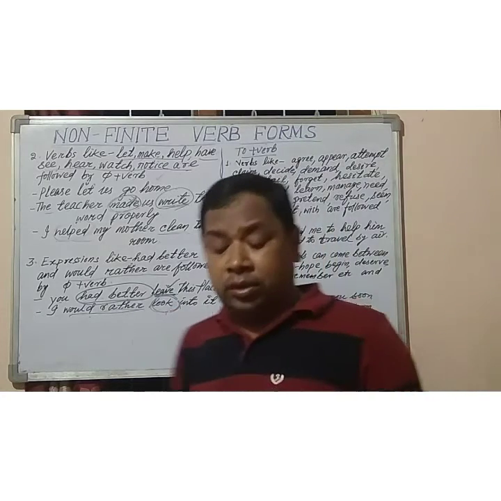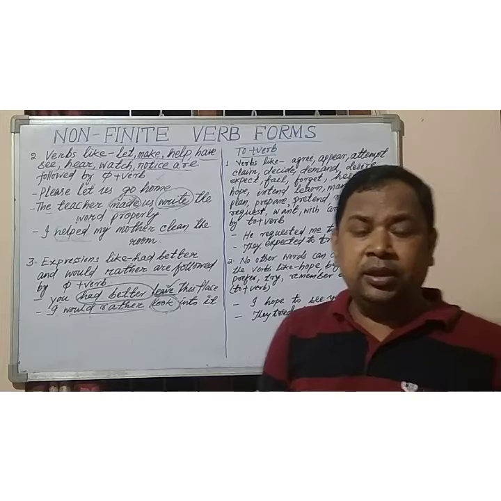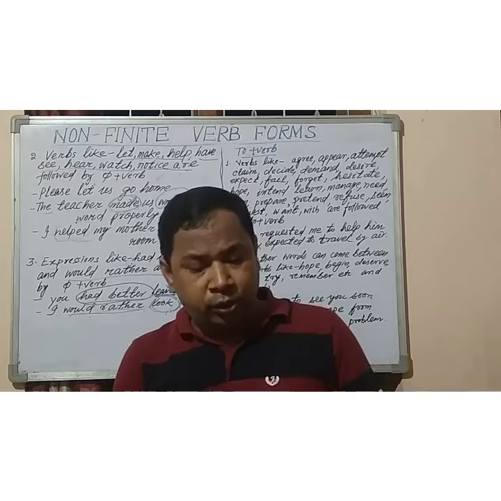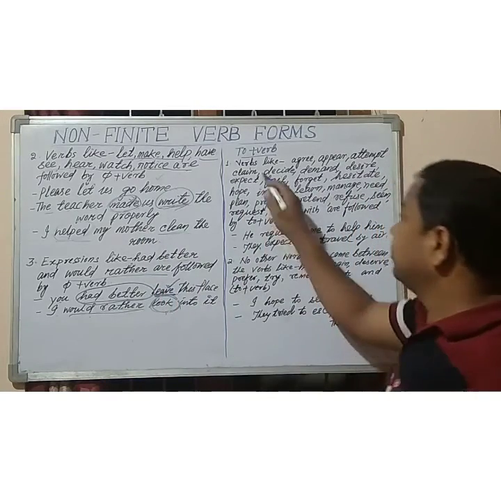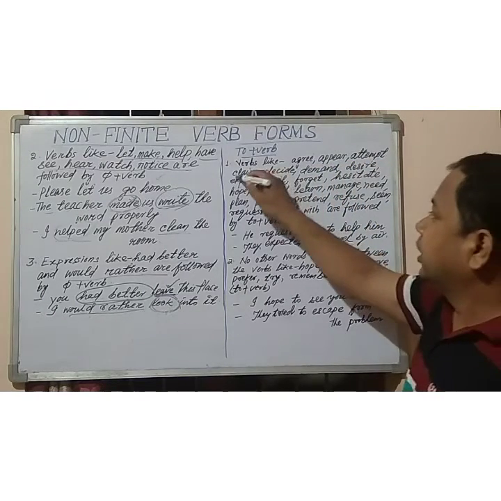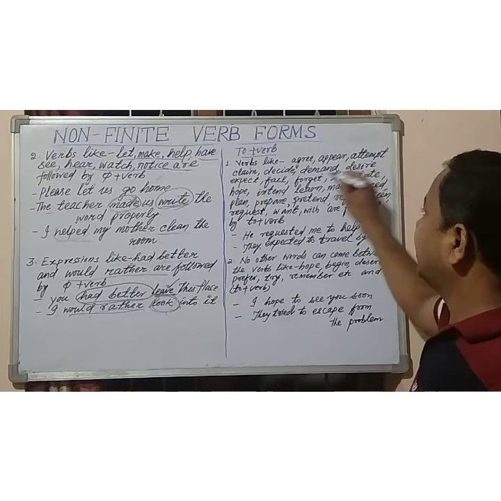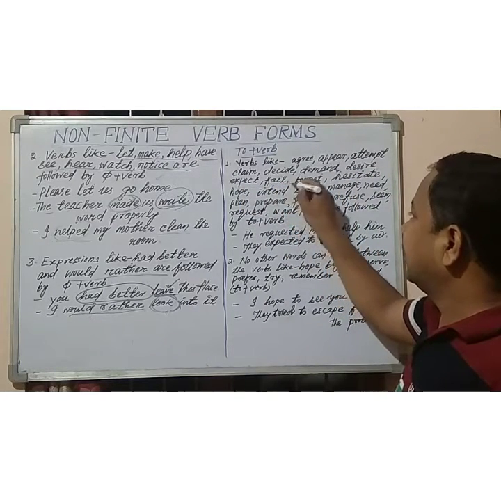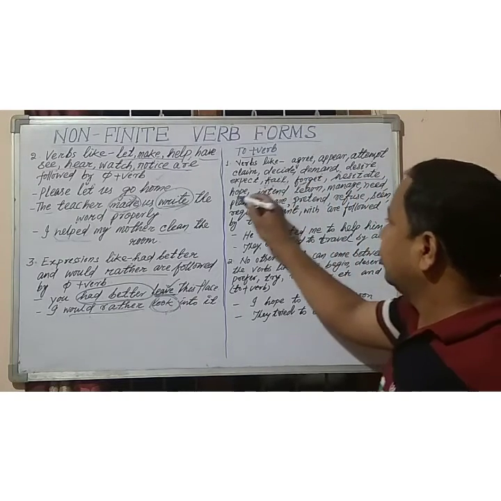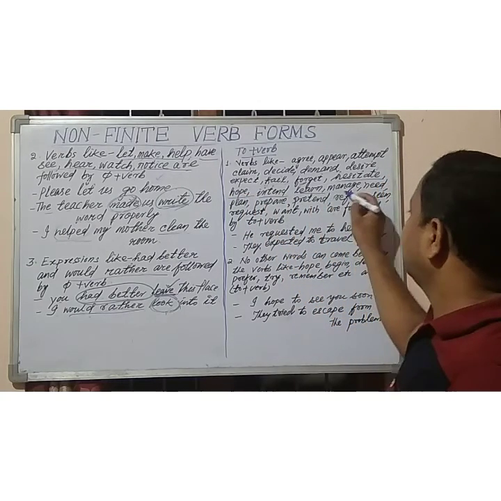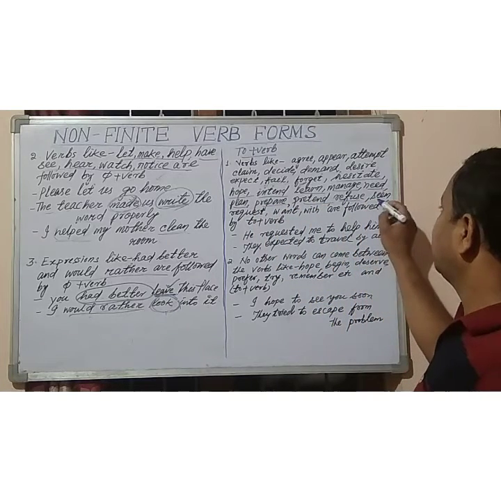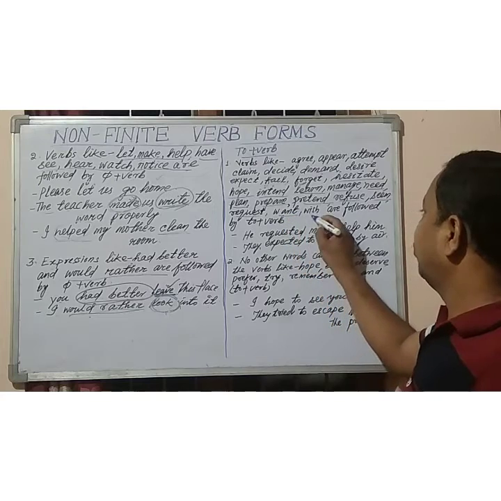Now we have already discussed null plus verb, but now we will discuss where to use to plus verb. You see first one, verbs like agree, appear, attempt, claim, decide, desire, demand, expect, fail, forget, hesitate, hope, intend, love, manage, need, plan, prepare, pretend, refuse, seek, request, want, wish.